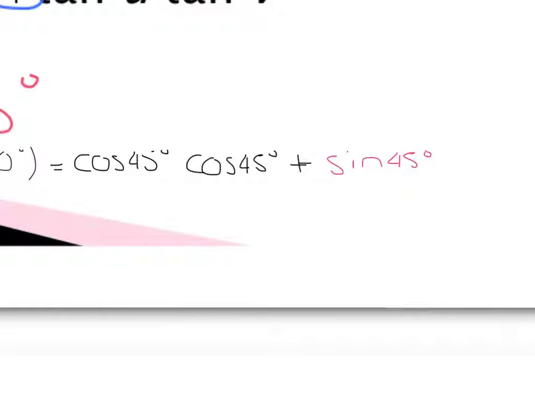I wrote 45 twice. I meant to write 30 over here, by the way. So notice that I just substituted the first angle and the second angle into the formula. I meant to write 30 degrees. 15 degrees was the given. So this should be 30 degrees. And this should be 30 degrees.